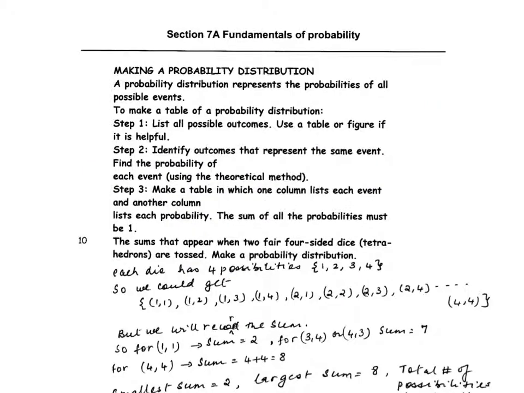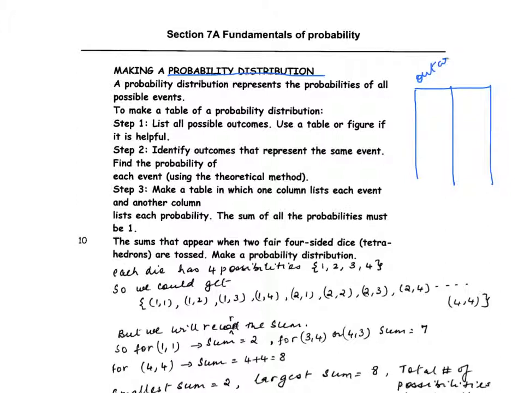Another important term in probability that we need to understand is probability distribution. For every experiment, every probabilistic experiment, we can write down the probability distribution. Now, what exactly is a probability distribution? Every experiment has a list of outcomes.